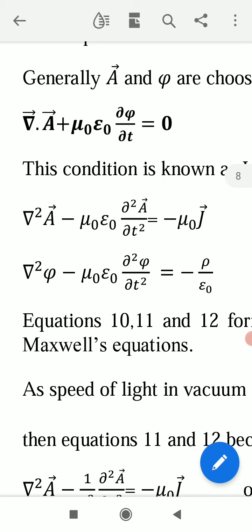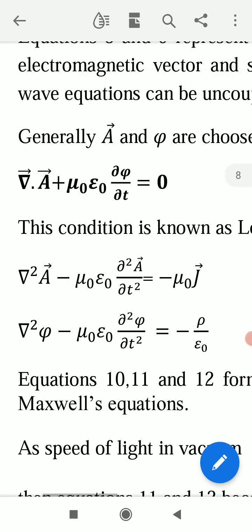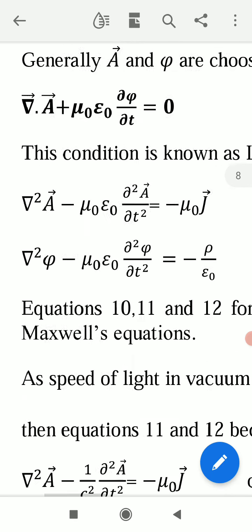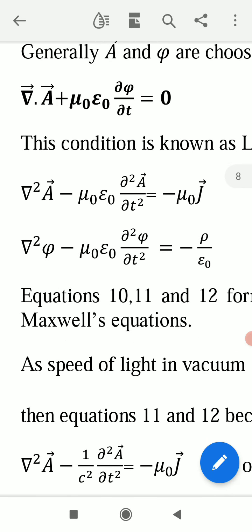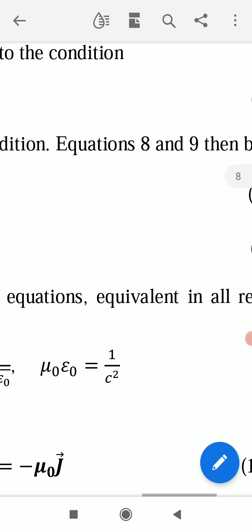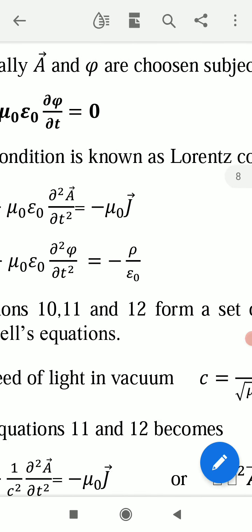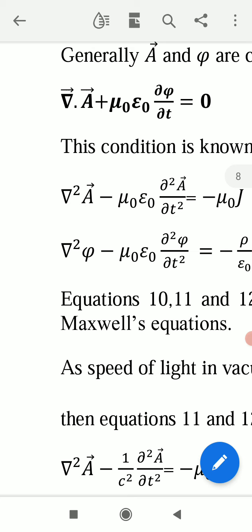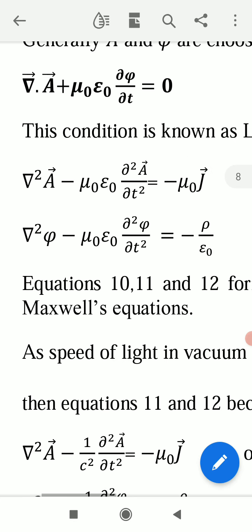So these three equations are equivalent to four Maxwell's field equations. The first equation is known as Lorentz condition, and the other two, equations 11 and 12, are wave equations: one for A vector, that is vector potential, and the other for scalar potential phi.